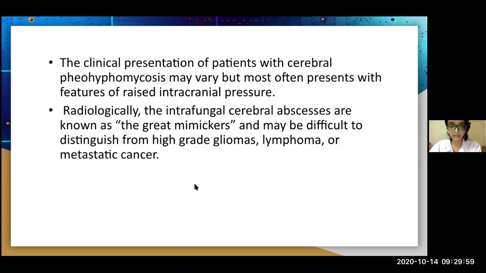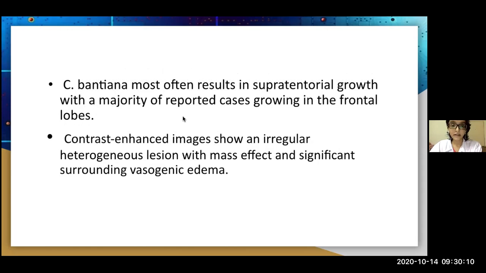Radiologically, the fungal cerebral abscesses are known as great mimickers and may be difficult to distinguish from high-grade gliomas, lymphomas, or metastatic cancer. This fungus often results in supratentorial growth, with the majority of reported cases growing in the frontal lobes. Contrast-enhanced images show an irregular heterogeneous lesion with mass effect and significant surrounding vasogenic edema, something that we've noted in this case as well.